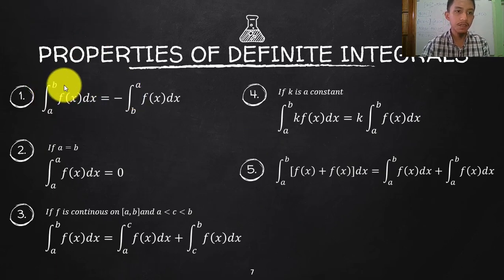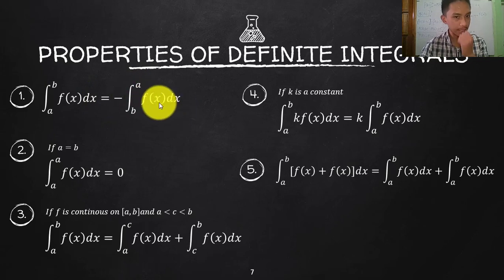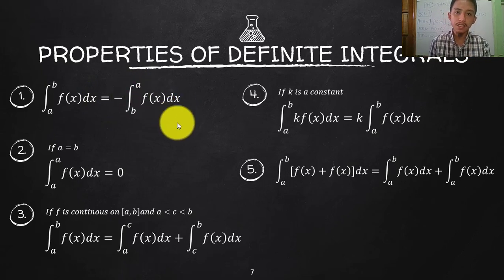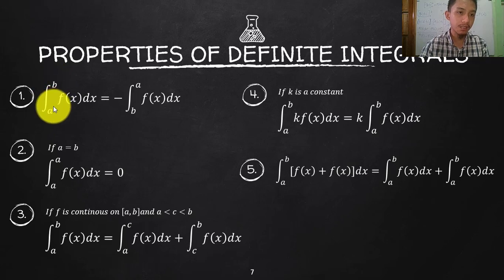If you have the integral from a to b of f of x dx, that is equal to negative integral from b to a of f of x dx. What is the meaning of that? If you are trying to reverse the limits, let's consider that b is a bigger number than a.